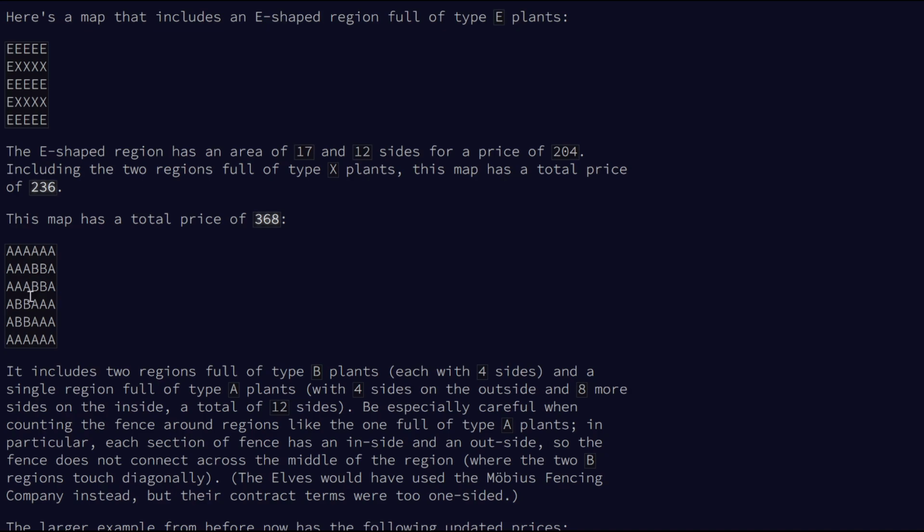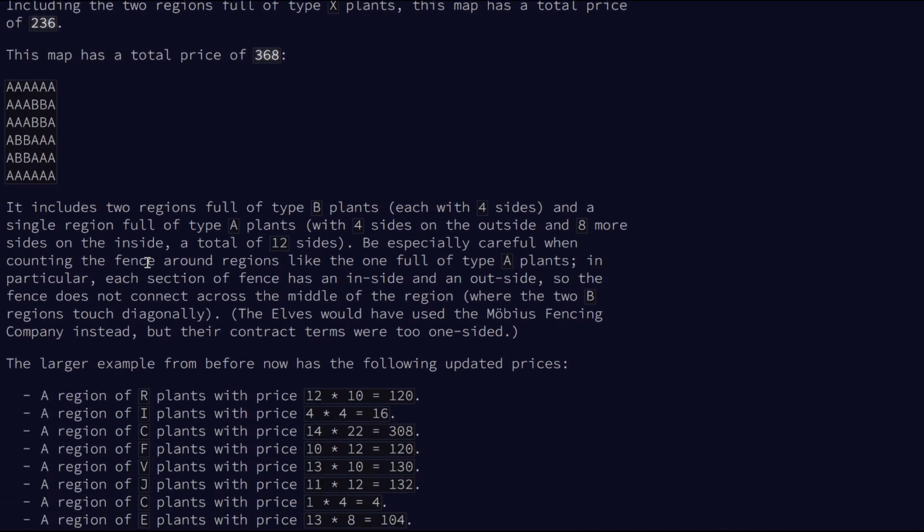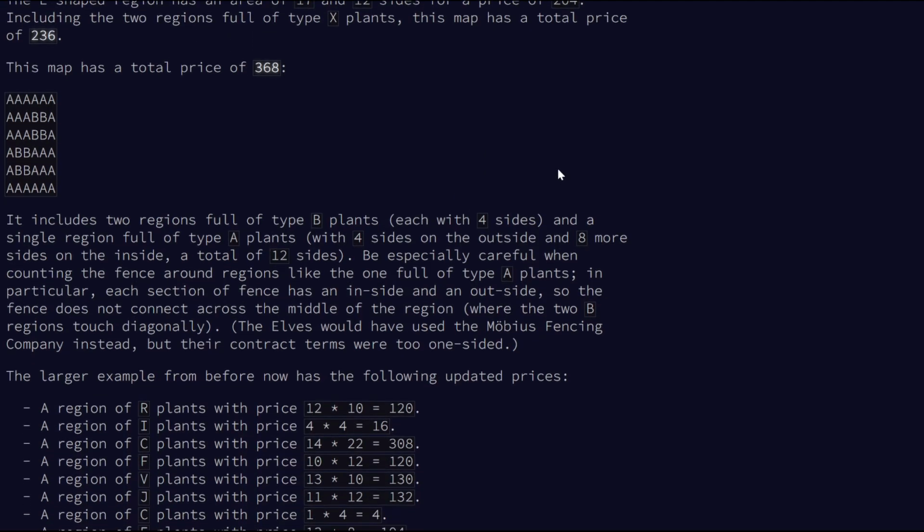I think this is the situation I wanted to ask about, so I'm glad it's here. So, in between these A's and B's, you're drawing a line, and you're also drawing a line over here. Is that the same side, or is that two different sides? "Be especially careful in counting this fence around regions like the one full of type A plants.